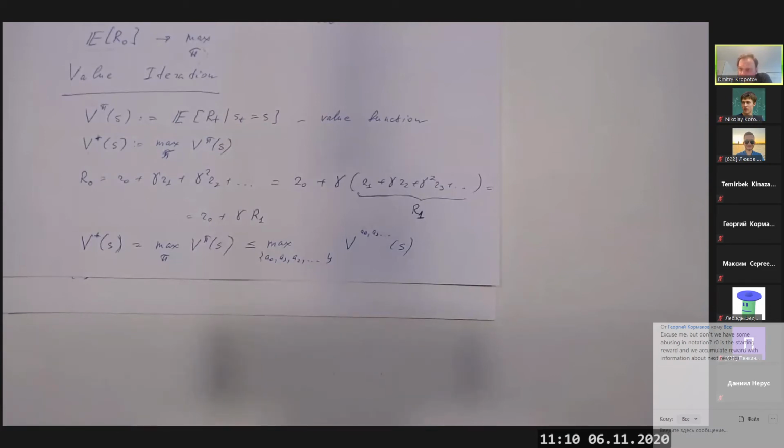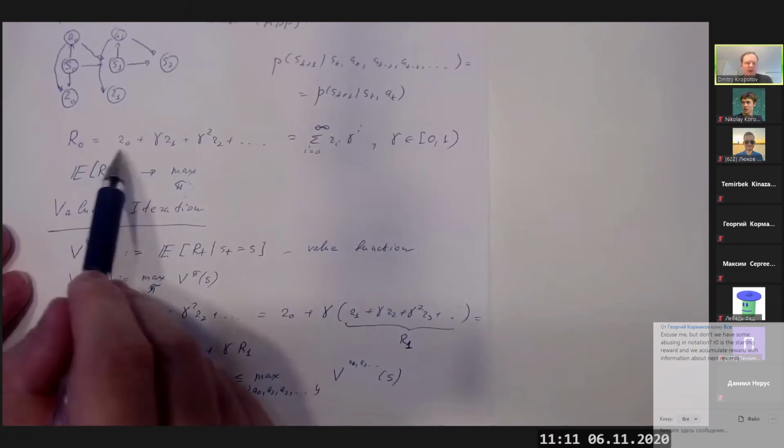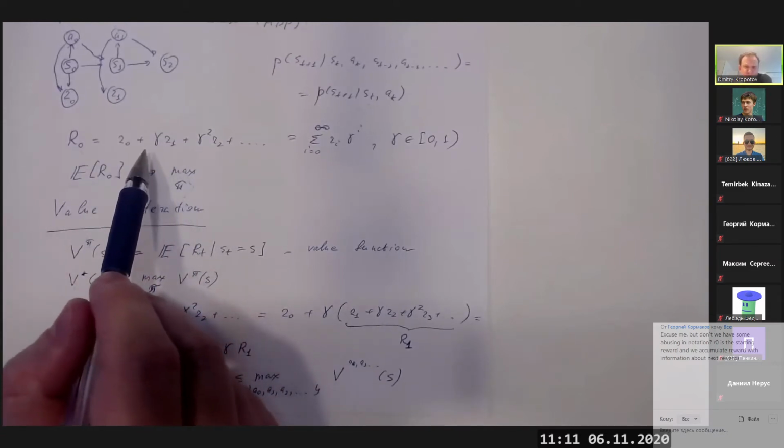The question. R0 is a starting reward, and we accumulate reward with information about next rewards. Didn't get the question. So why do we have some abuse of notation?